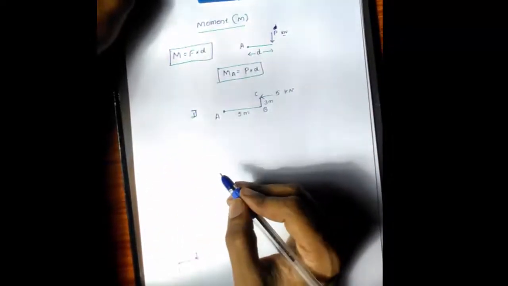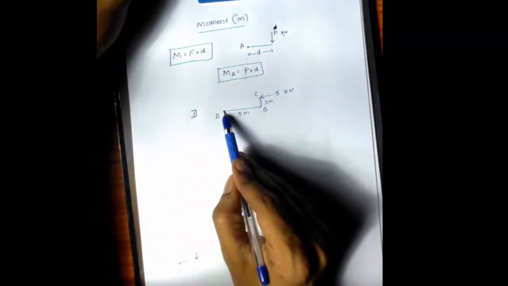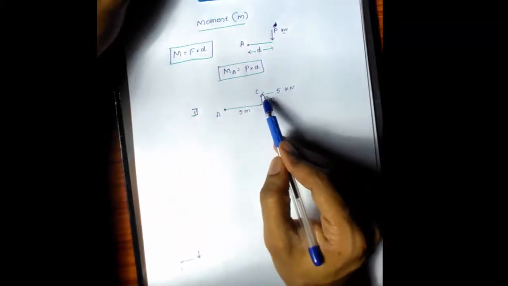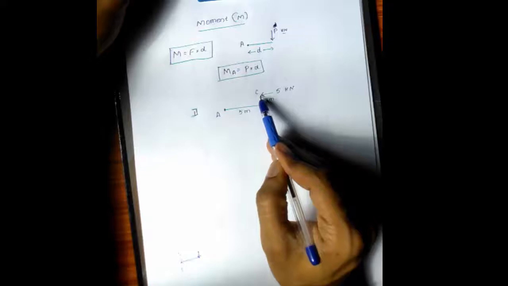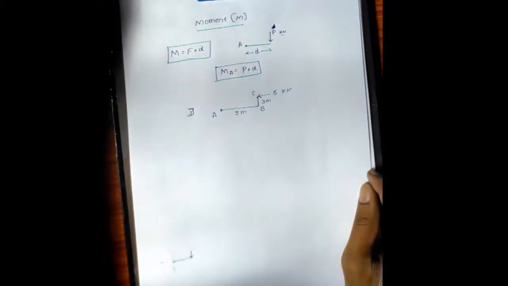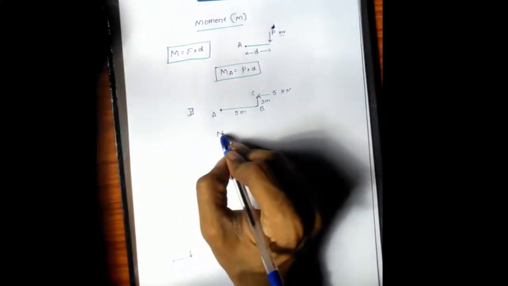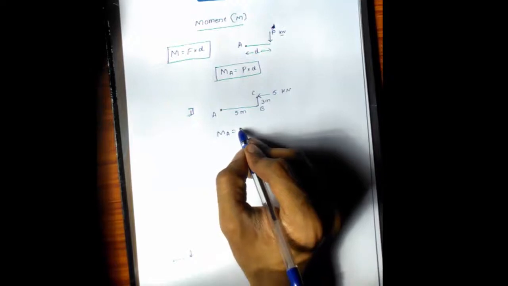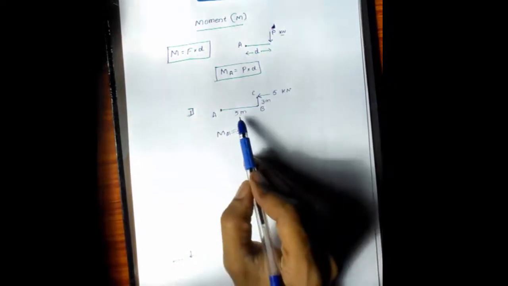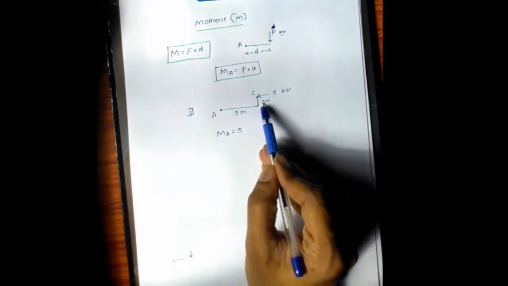So many of us are confused with how to take perpendicular distance in problems. So consider this one first. Here A point, B point, C point. So this 5 kilonewton is acting at point C, not B, not A. So here we need to find out what is the moment at point A. So very simple, moment at A is equal to, you should not take 5, you have to take 3.